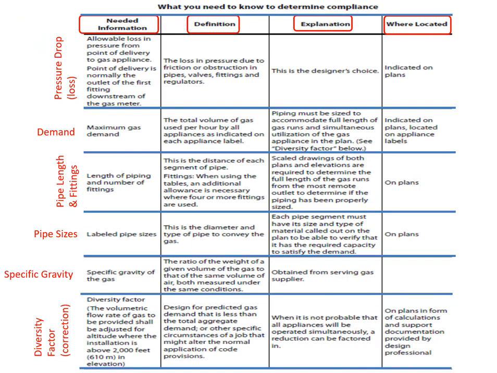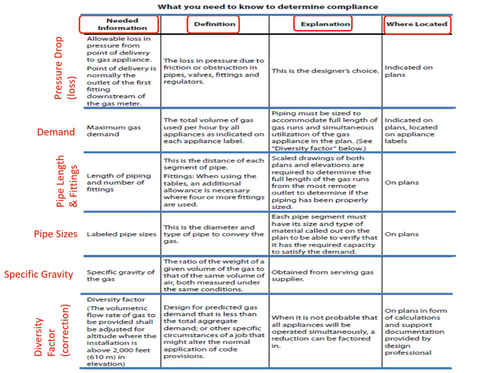As seen in the chart here, we've broken this down into information that's a little easier to understand. Up on the top of the chart, you'll see 4 different columns. The first column is titled Needed Information. This is a good summary to help the designer and everybody interested in fuel gas piping to completely understand what certain factors go into the design of gas piping system.